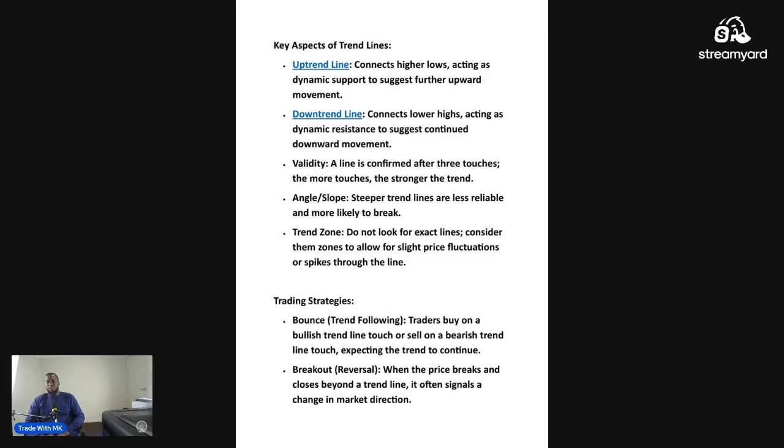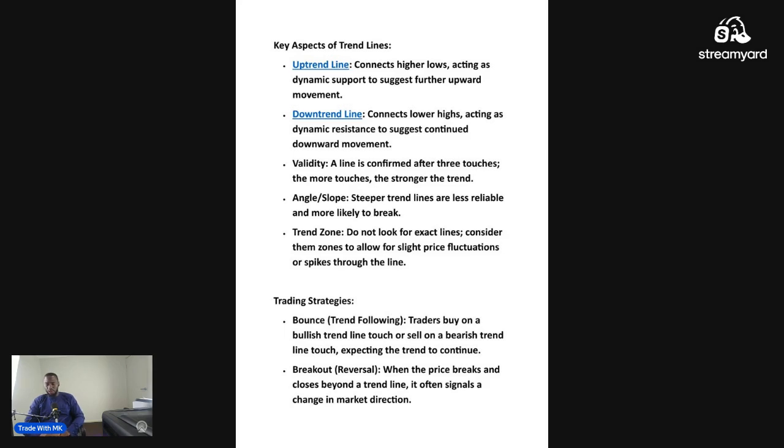A key aspect of trendlines: an uptrend line connects higher lows, acting as dynamic support to suggest further upward movement. A downtrend line connects lower highs, acting as dynamic resistance to suggest continued downward movement. Validity: a line is confirmed after three touches.